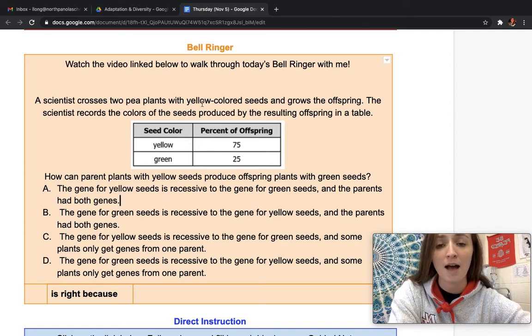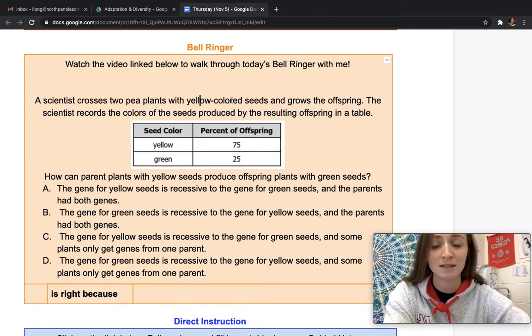So if we have parents that are both yellow, and then we have an offspring that is green, clearly they got the green allele from somewhere. It wasn't at random. So both of the parents must have had the green alleles in their genotype, but they weren't showing up as green.